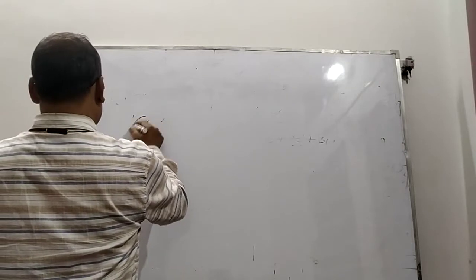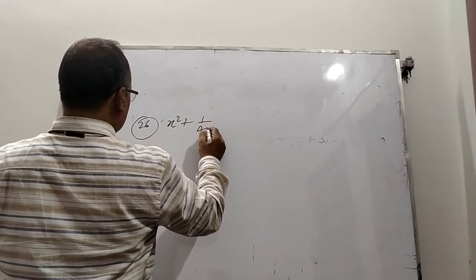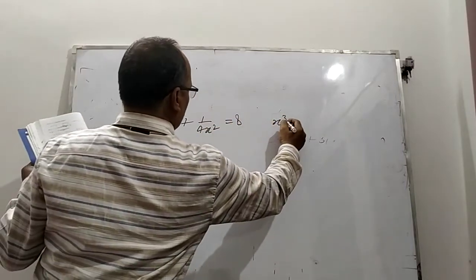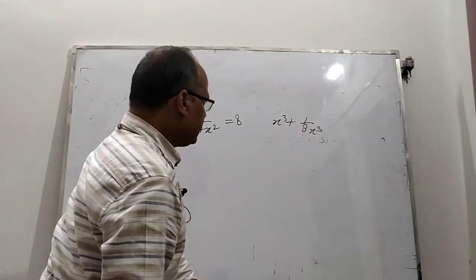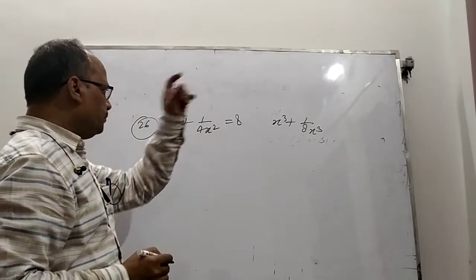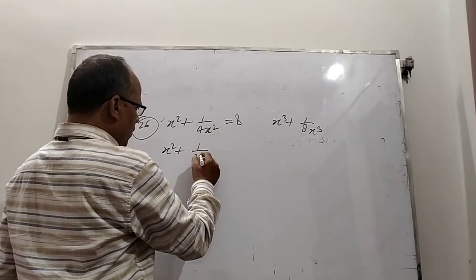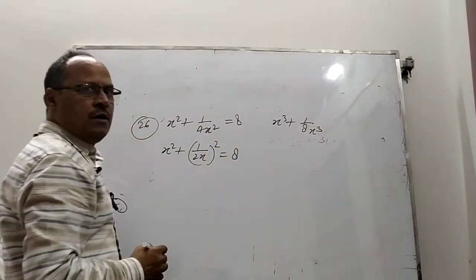Question number 26. x square plus 1 upon 4x square equals 8. You will get x cube plus 1 upon 8x cube. You will see this. This is the first number. Second number: 1 upon 2x whole square equals 8.